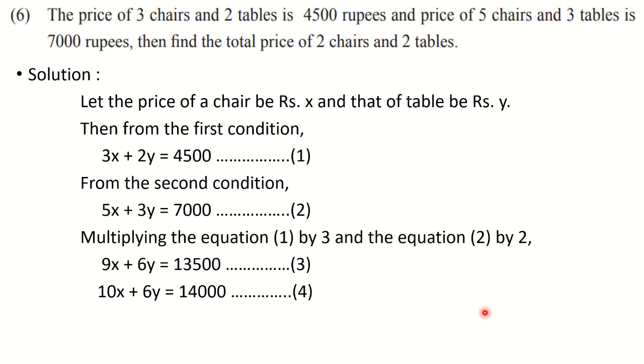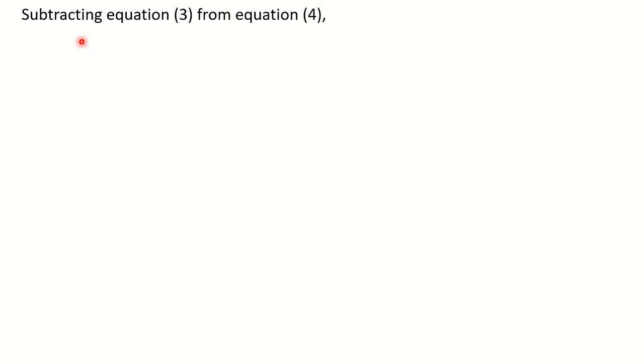Okay, I'm going ahead. So what I said, what are we going to do? Subtracting equation 3 from 4. So write down: subtracting equation 3 from 4. That means equation 4 will appear up, then a minus sign which shows subtraction, and below that equation number 3.